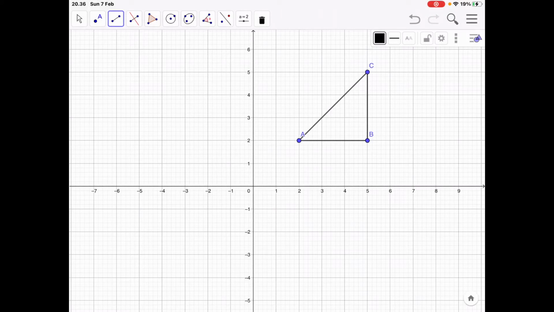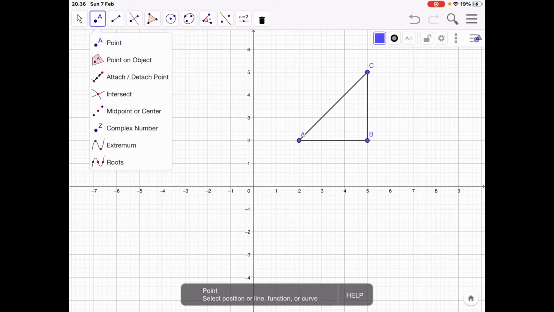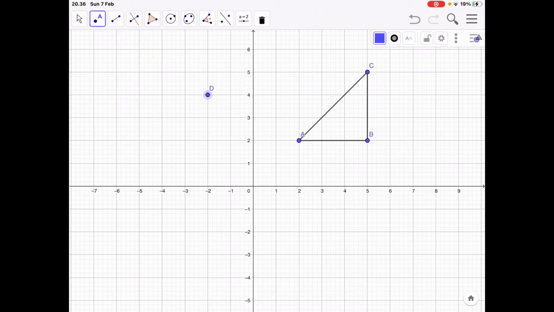Image of A, corresponding to A, is having coordinates (-2, 4), and the point is D, image of A. Then image of B is having coordinates (-5, 4), and the point is E, image of B. And the coordinates of the image of C is (-5, 1).